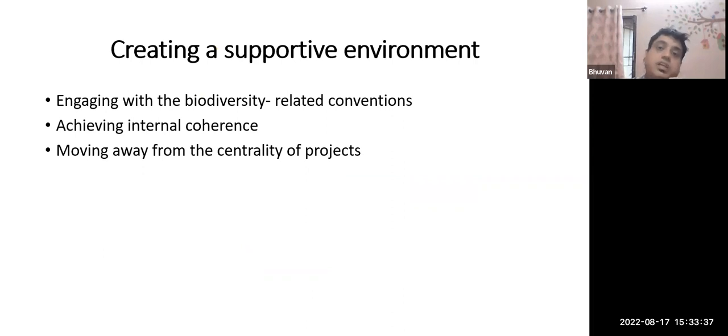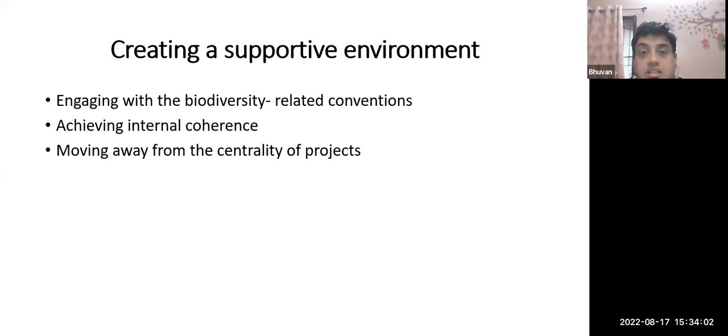Then we come to creating a supportive environment. How we can create a supportive environment for conservation of the agrobiodiversity. The first one is engaging with the biodiversity related conventions. There are very many conventions such as CBD, Convention on Biological Diversity. There are many kinds of other conventions which are related with it.